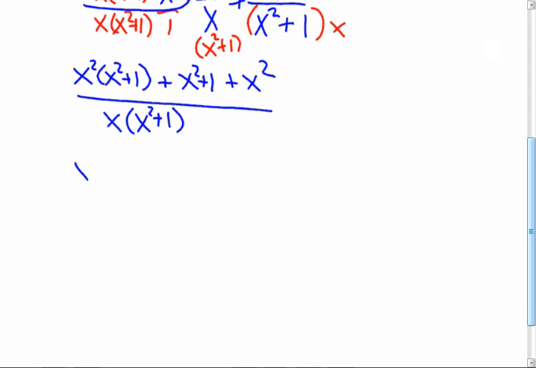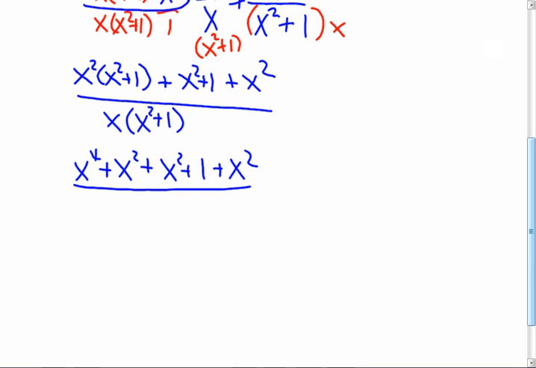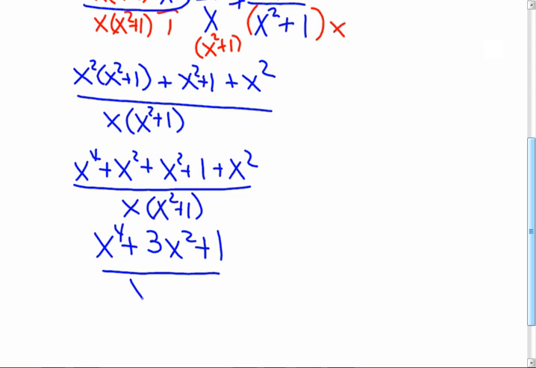This is x to the 4th plus x squared plus x squared plus 1. There's my mistake. I had a 2 there. I must have missed an x squared someplace. x squared plus 1. And this is x to the 4th plus 2x squared. Oh, not 2. How many x squareds? 3. 3x squared plus 1. And that should match the back of the book.